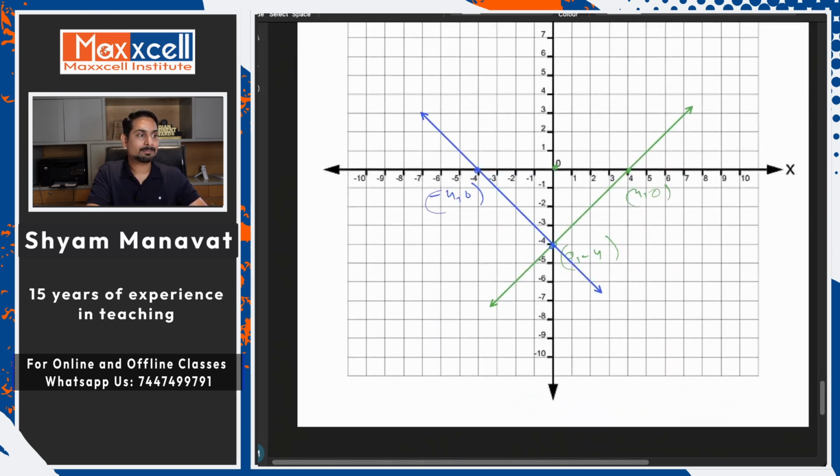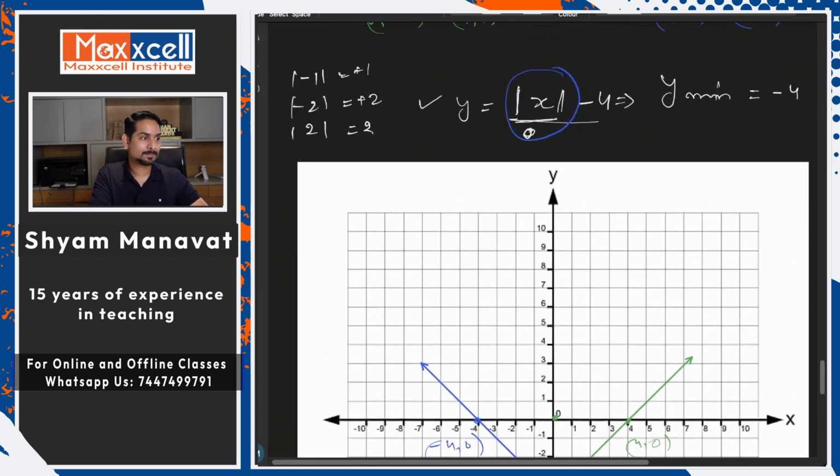Y minimum is -4, that means all the coordinates below -4 for the value of y should not exist for this given equation. Am I clear here?